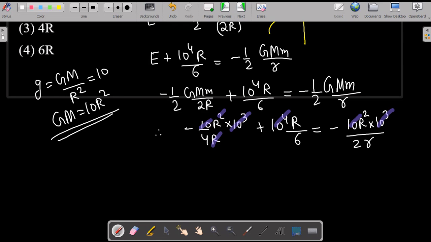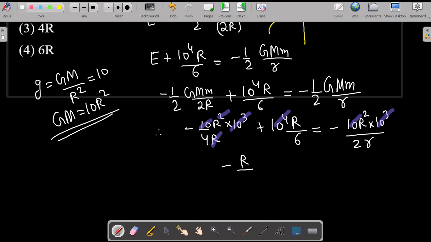This R also can be cancelled out completely, 1 R. Actually, only 1 R has to be cancelled, so I think the R square factors, 1 R only you can cancel here. Okay, so take out how much it is coming.